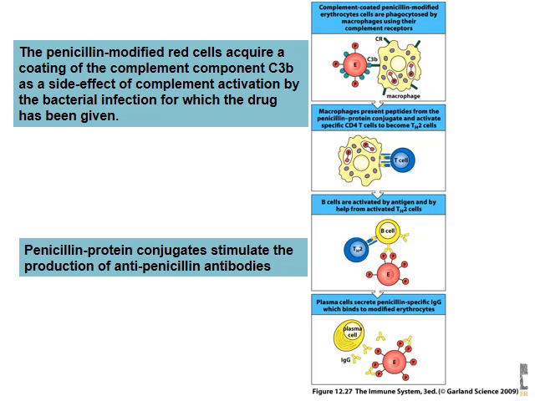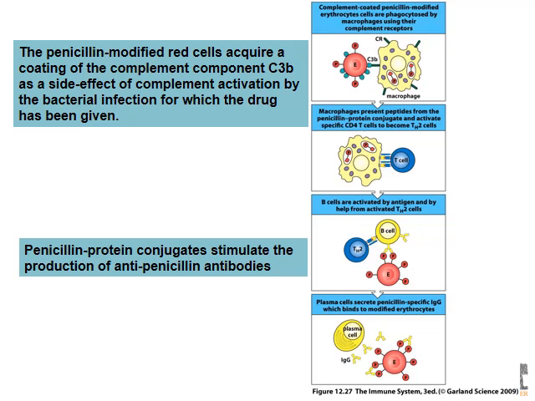Now, how does the sequence of events go over here? You can see from here, in this case, penicillin binds to that. So the penicillin-modified red cell, which is now a different cell, acquires a coating of complement component C3b, which is basically coming from the bacteria, because there's a bacterial infection taking place.